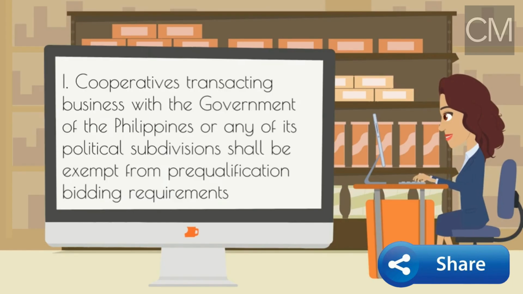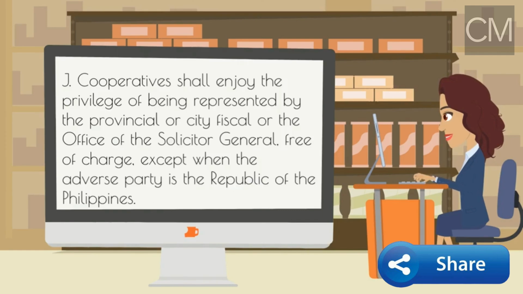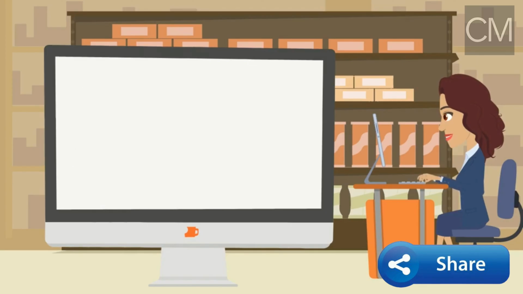Cooperatives transacting business with the government of the Philippines or any of its political subdivisions shall be exempt from pre-qualification bidding requirements. Cooperatives shall enjoy the privilege of being represented by the provincial or city fiscal or the Office of the Solicitor General, free of charge, except when the adverse party is the Republic of the Philippines.